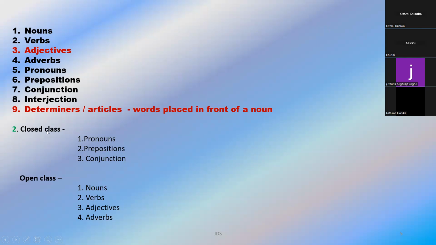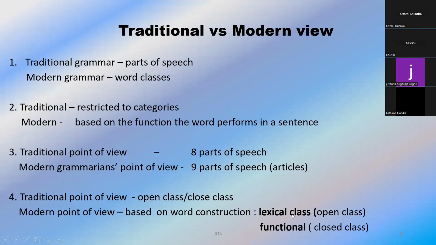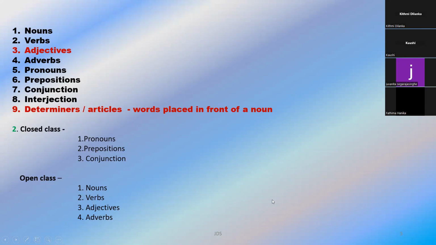Then you have the closed class. I told you words that cannot be changed are known to be the closed class. Pronouns, prepositions, conjunctions. Open class, all these lexical words or words related to vocabulary come under open class.